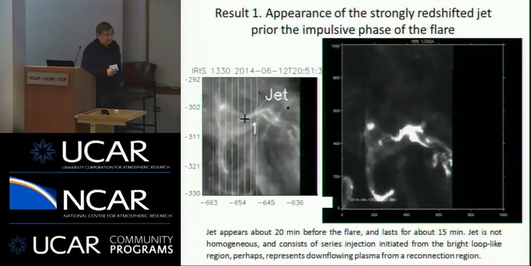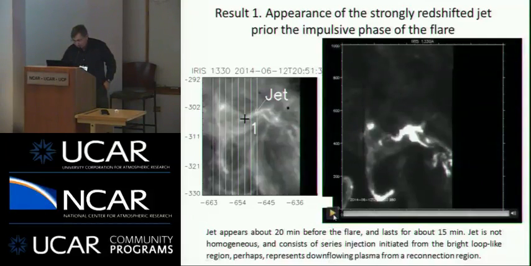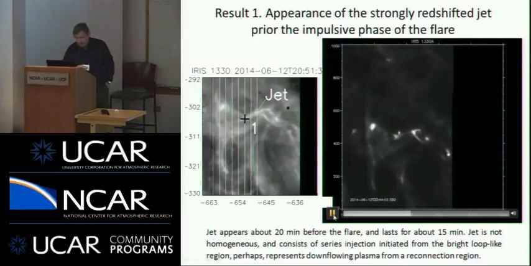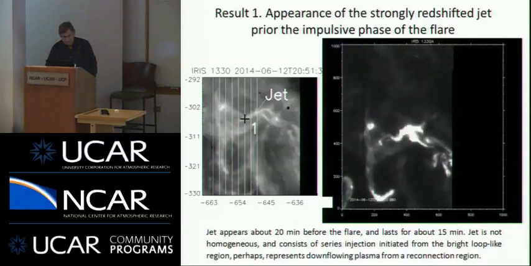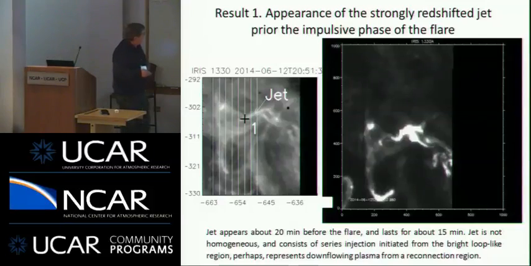About 20 minutes before the flare, from this loop region, we observe a jet lasting for about 15 minutes, and it consisted of several ejections. We don't know what the origin of the jet is, but the jet was moving from this loop-like structure in this direction.